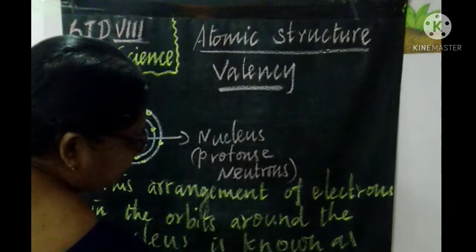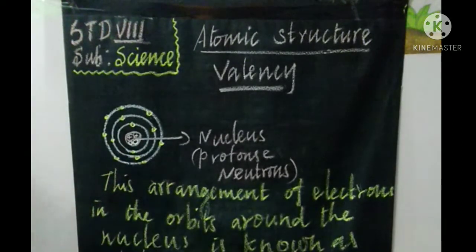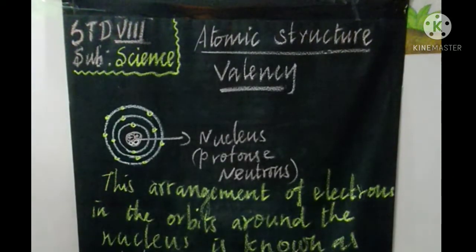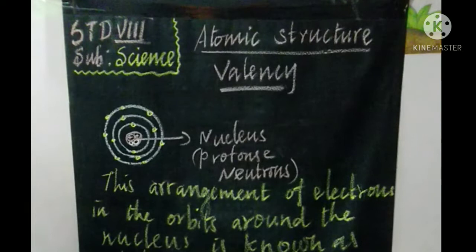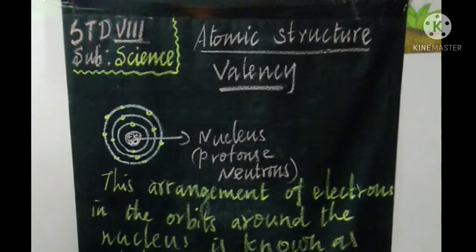So what is electronic configuration? The arrangement of electrons in the orbits around the nucleus is known as electronic configuration.